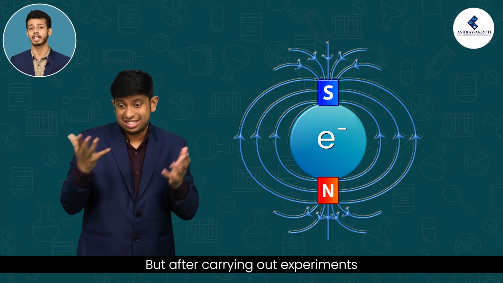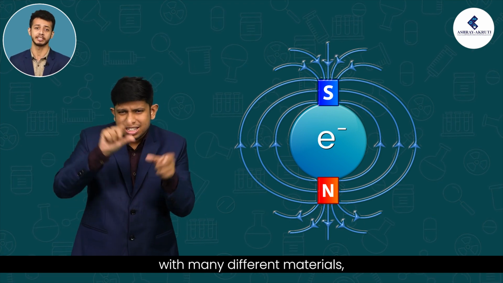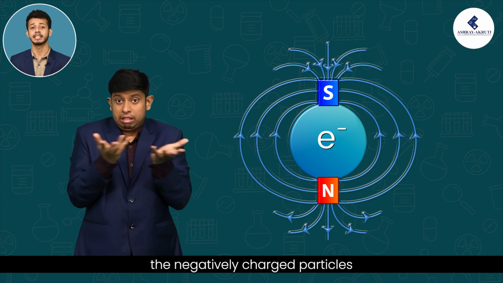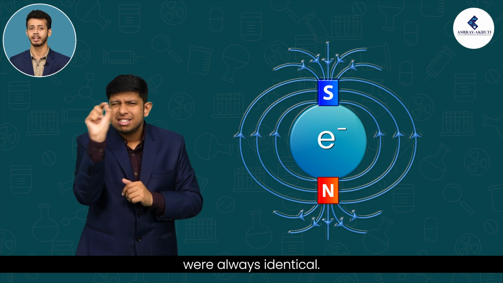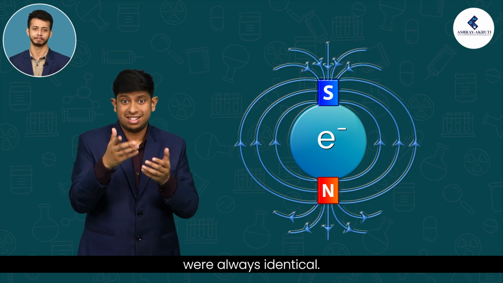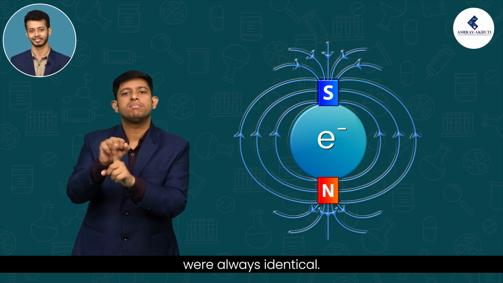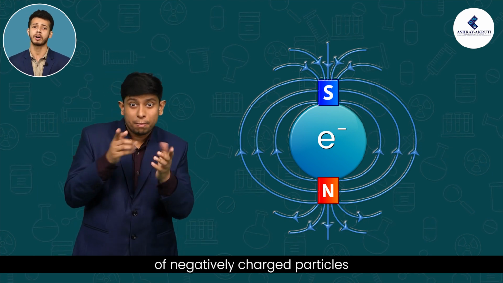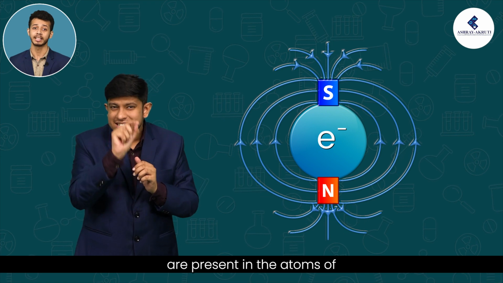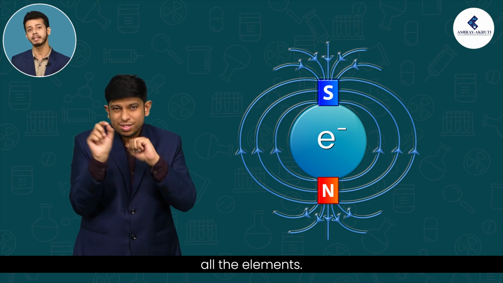But after carrying out experiments with many different materials, he found that the negatively charged particles from all the materials were always identical. He concluded that the same type of negatively charged particles are present in the atoms of all the elements.